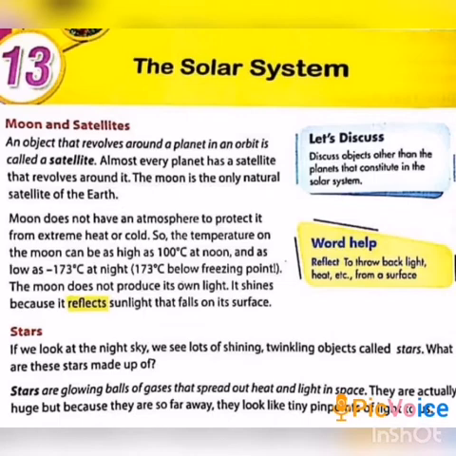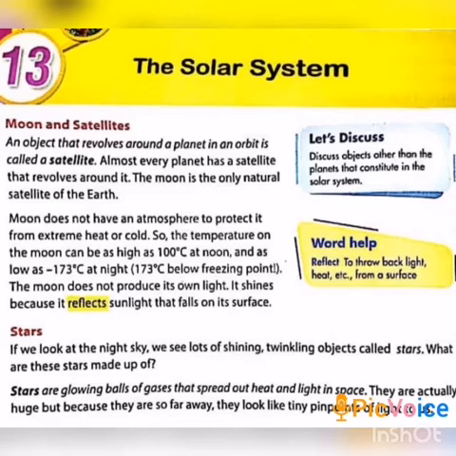An object that revolves around the planet in an orbit is called a satellite. Almost every planet has a satellite that revolves around it. The moon is the only natural satellite of the earth. The earth has only one moon.